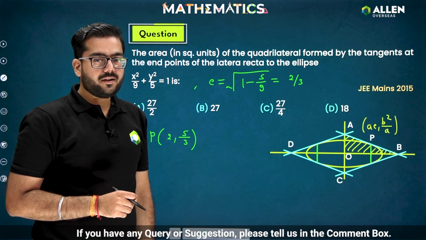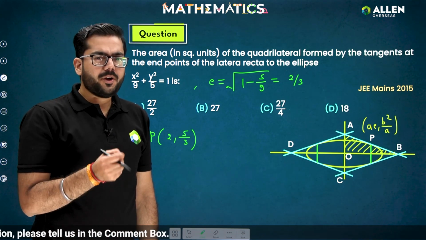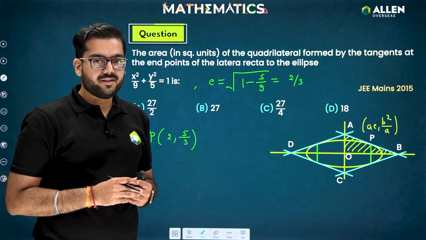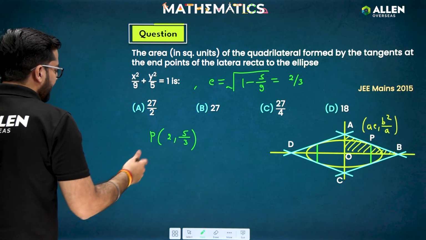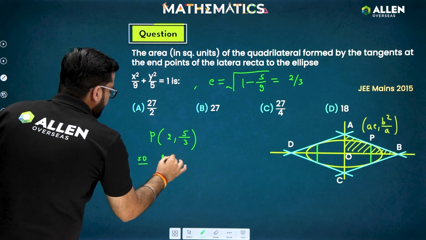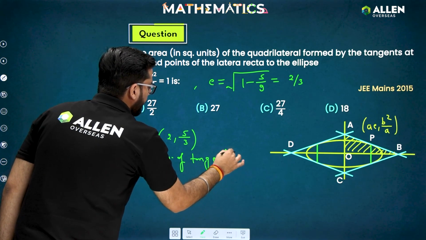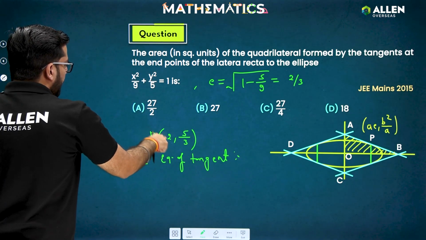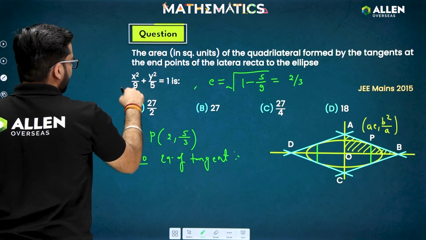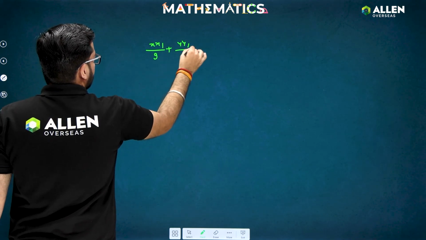We have the point of contact. Now we are going to design the equation of the tangent. With the help of the point form, or Cartesian form, we can write it, because we have a point of contact. So the point form, the equation of tangent, I will get x into x1 upon a square, that means 9, plus y into y1 upon 5, which is equal to 1.